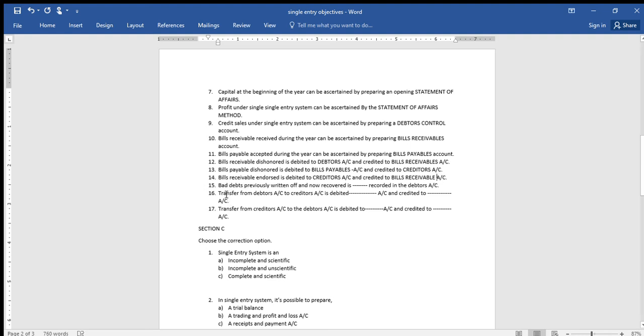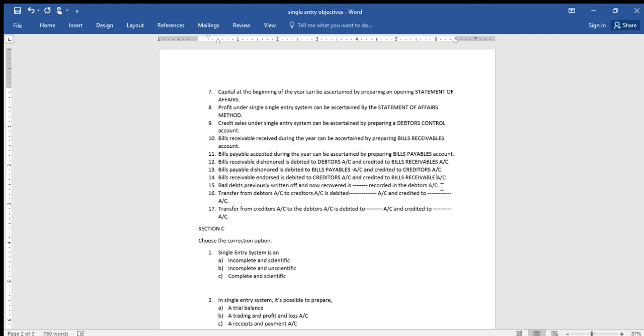Then number 15, bad debts previously written off and now recovered is not recorded in the debtors account. Bad debts are those debtors who are likely not to pay, so you may decide to cancel them. But after they pay, we do not record them in the debtors account because it's not reducing the debtors.